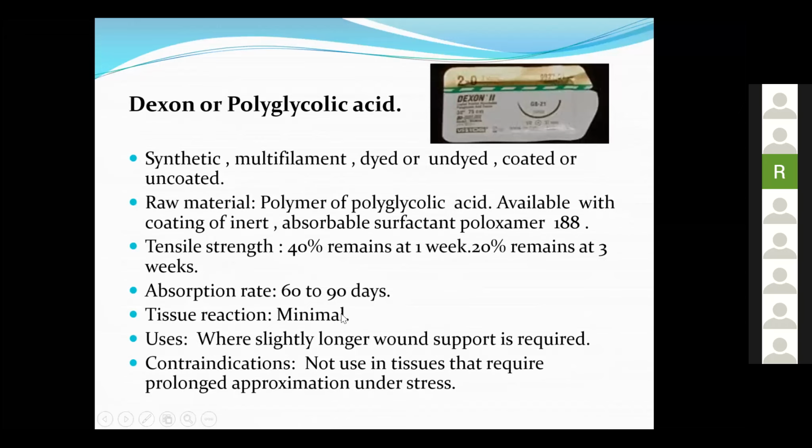It gets absorbed again in 6 weeks' time, and obviously it has the same indications. Where we want a completely non-absorbable suture material, like for abdominal wound closures, mainly we use Prolene. We try to avoid absorbable suture materials there because we want the abdominal wound to be approximated for a longer period of time.